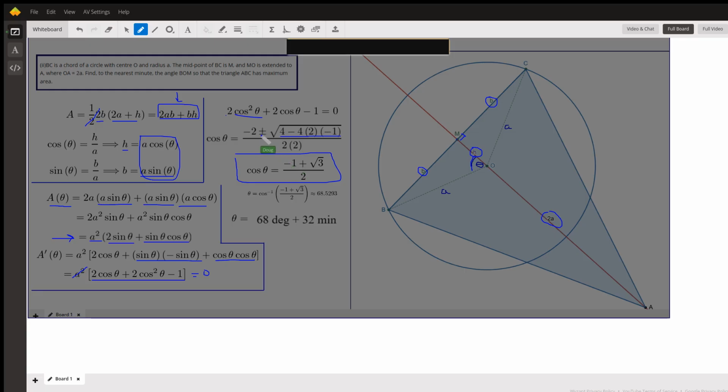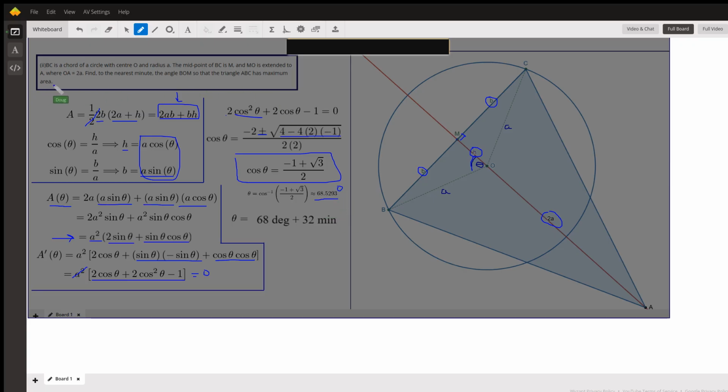If I chose the negative square root, I would get something outside the interval for inverse cosine. So theta is the inverse cosine of (-1 plus square root of 3) all over 2, about 68.5293 degrees.